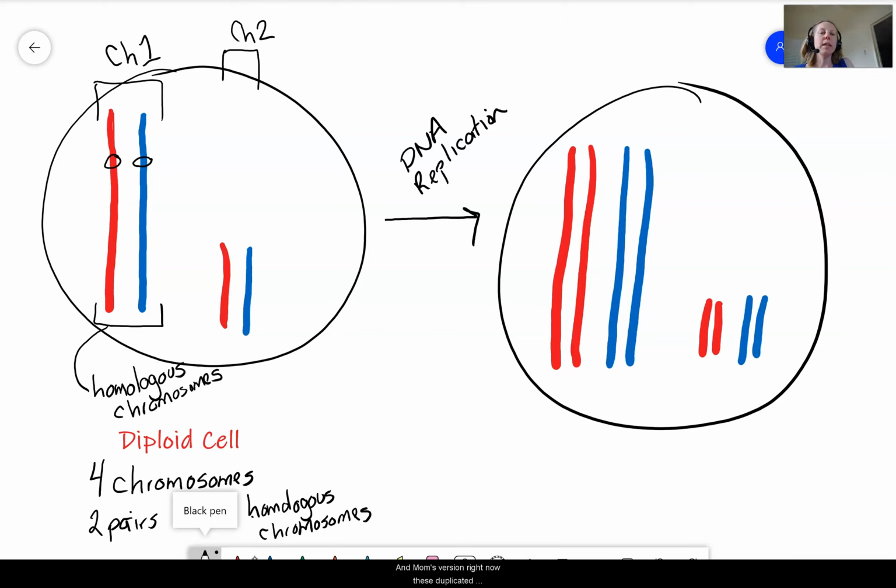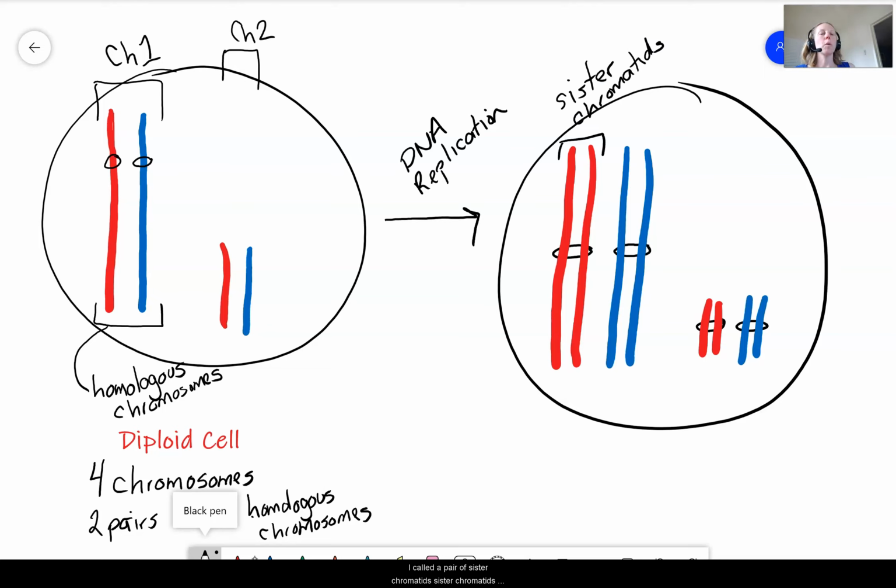Now these duplicated chromosomes are held together at the middle by the centromeres, just like we saw in mitosis. And so these 2 pairs of chromosomes, the red and the blue, are a pair of homologous chromosomes. The 2 copies of the red are called a pair of sister chromatids.